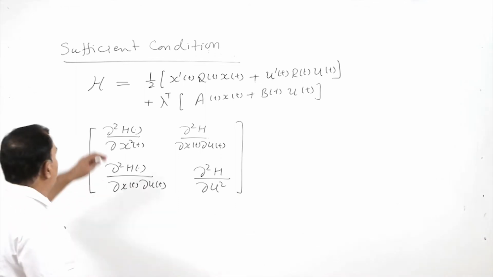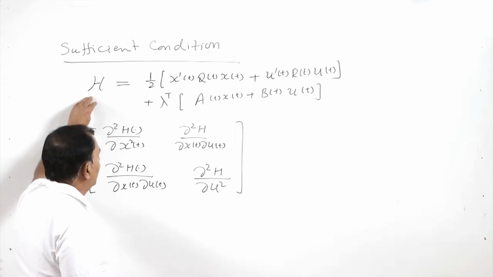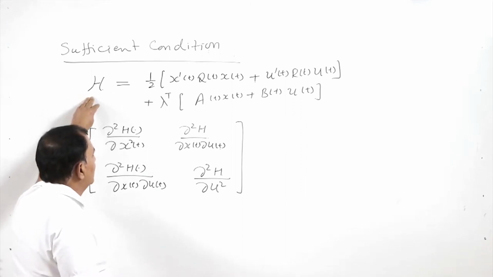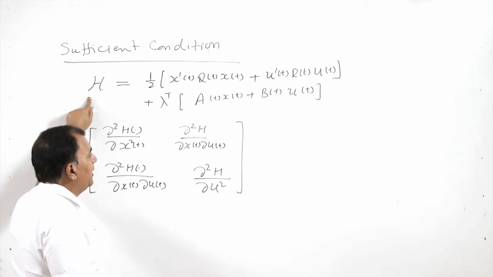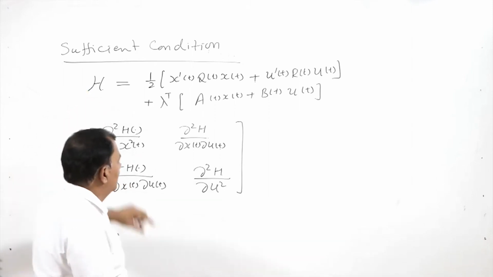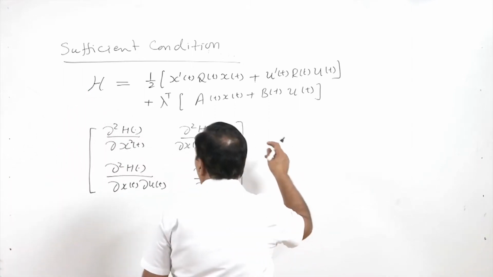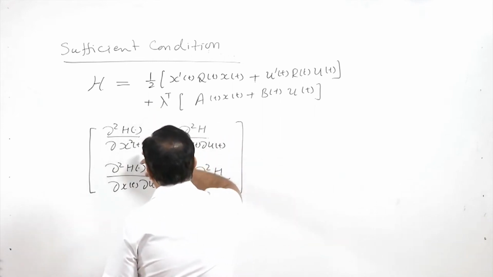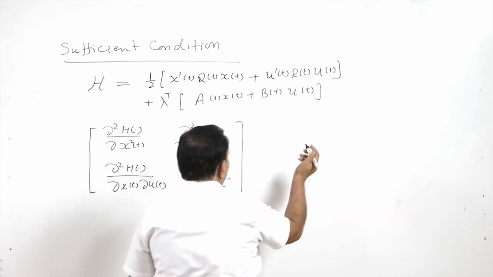So, we have to find the del H by del x, which is nothing but my co-state equation, and then the second derivative of this.